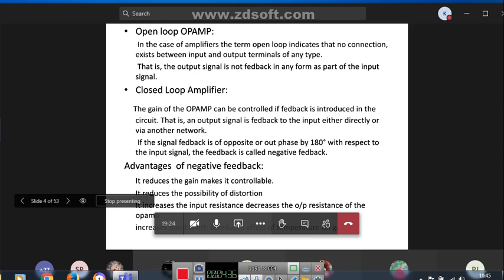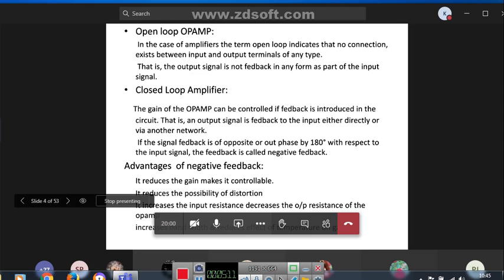So the gain of the op-amp can be controlled if feedback is introduced in the circuit. Here the input knows what is happening in the output side. So that means the part of output signal is applied to input side, right? So that is called feedback.